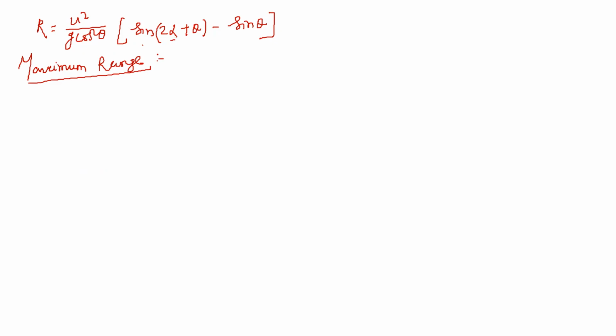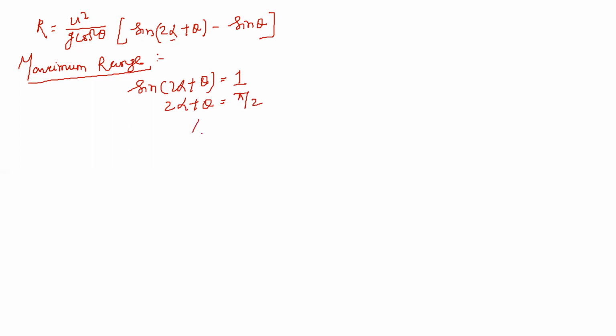For range to be maximum, sin of 2 alpha plus theta has to be maximum. Sin's maximum value is 1. So 2 alpha plus theta should be equal to 90 degree because sin 90 is equal to 1, that is pi by 2.